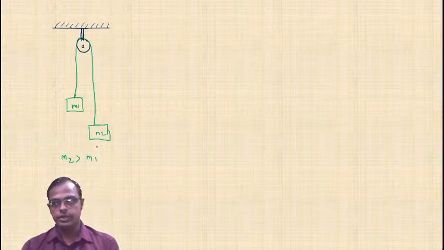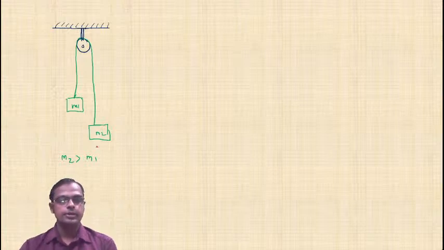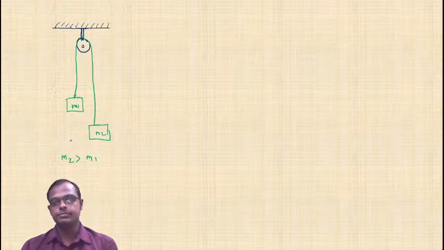M2 goes down. Very good, Abdullah. M1 moves upward, M2 goes down. Very good. So you got the clear idea that if M2 is greater than M1, M2 will come down whereas M1 will move up. M2 will accelerate downward, M1 will accelerate upward.